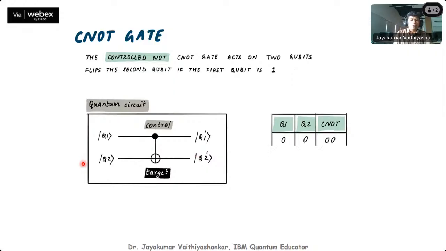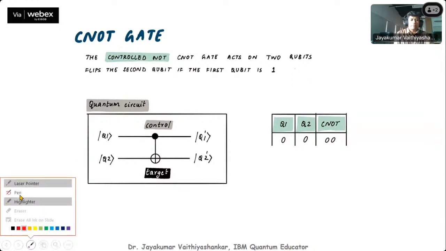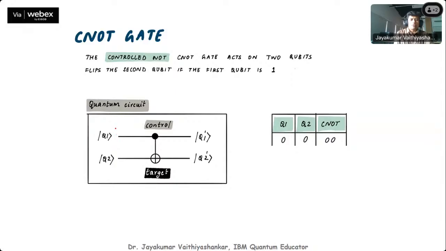Apply state 0 for Q1 and state 0 for Q2. 0 means nothing will happen, so this NOT gate is not activated. 0 will be retained as it is, so the output is 0, 0.